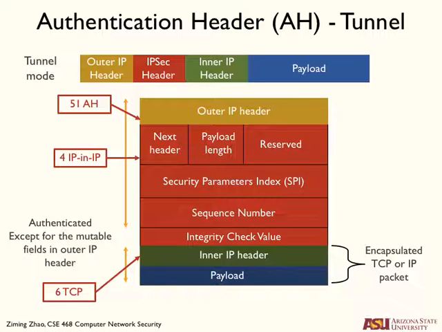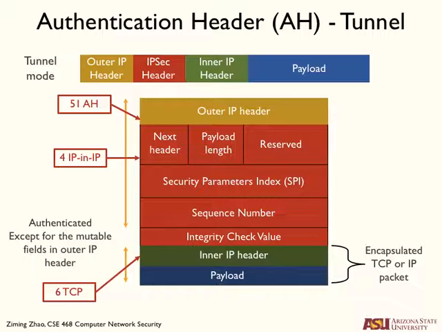So in this case, the payload part is not a TCP anymore. It's actually an IP packet. The whole thing was the original IP packet. So in this case, we should fill number 4, which means IP packet in the next header.